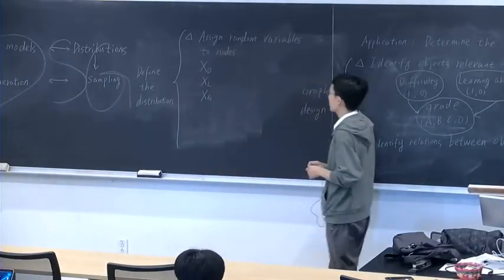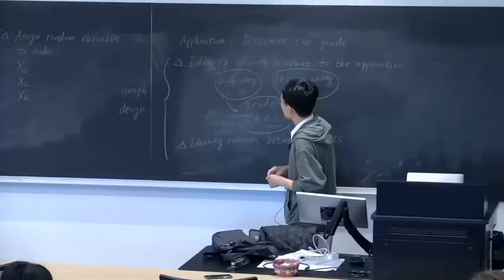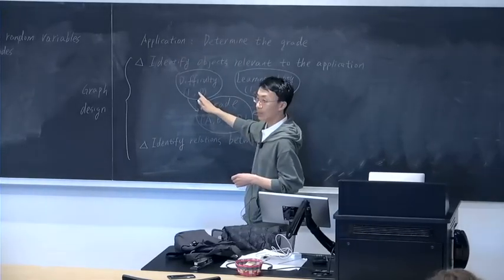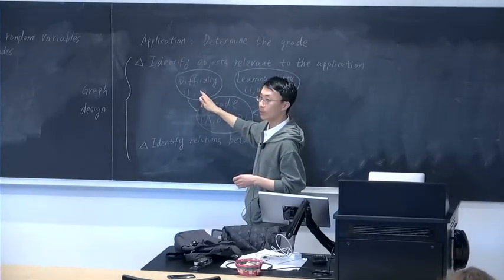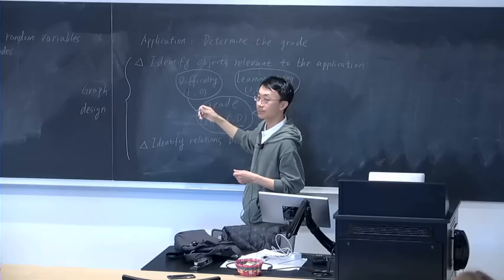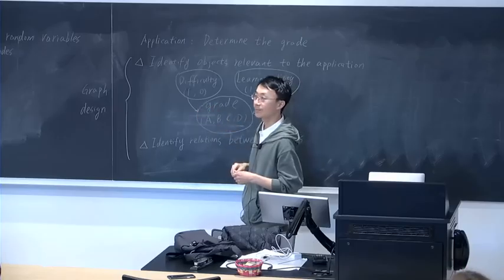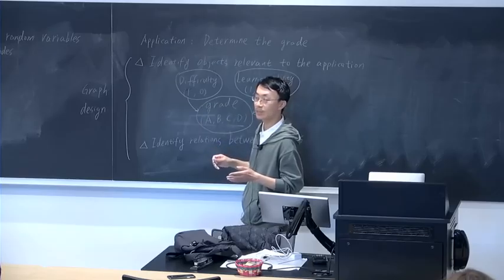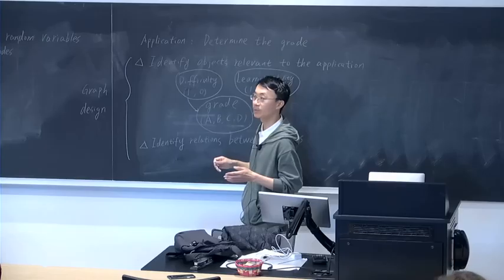Now let's look at these objects. Difficulty is a binary variable, right? For a binary variable, what distribution do we use to model it? In your probability class, did you learn probabilities over binary variables?